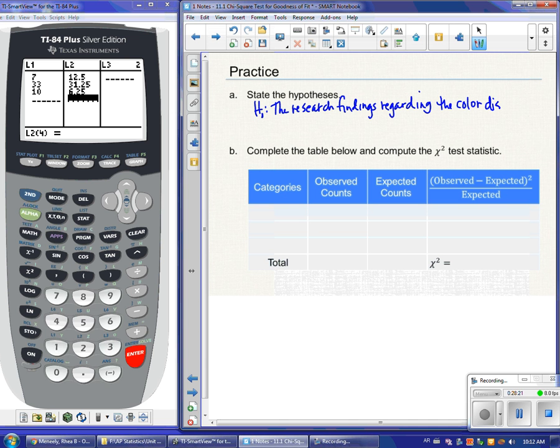And notice that I'm referring to the distribution of colors, not just the colors. With the chi-squared test of goodness of fit, I'm looking at an entire distribution of color. So just like it was really important to include the word mean or proportion in your definitions, it's a good idea to make sure you're reiterating that we're looking at a color distribution, a distribution of values.